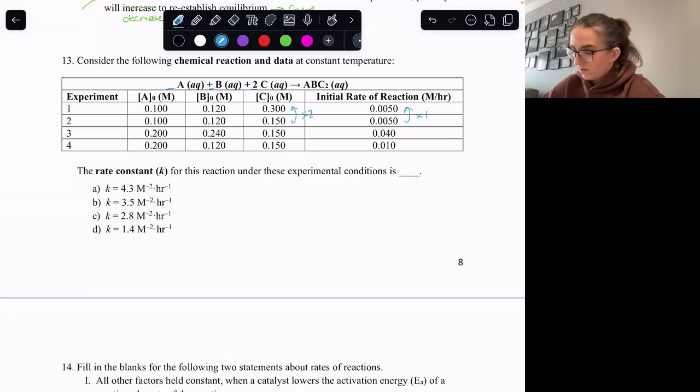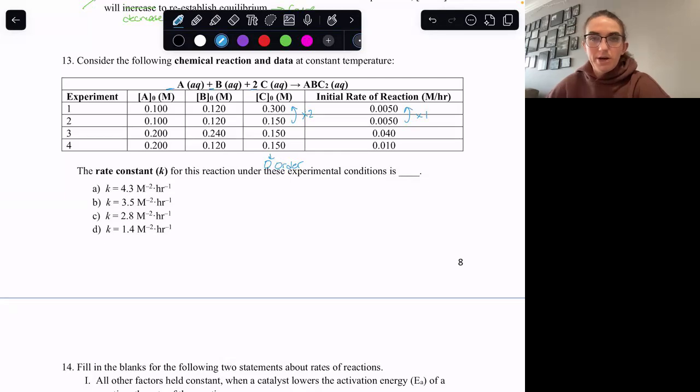No matter what we do to the concentration of C, it's not going to affect our overall rate. So if we have no change in rate, this is going to be zeroth order. Anything that's changing in C does not result in a change in the rate of the reaction.